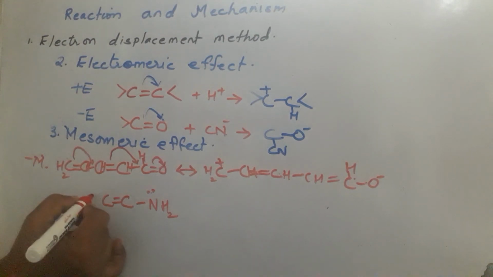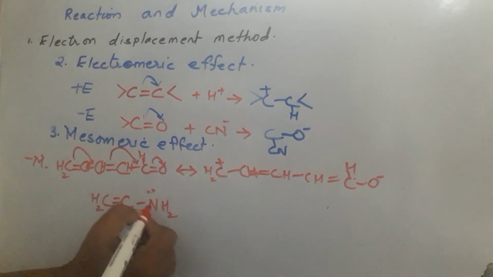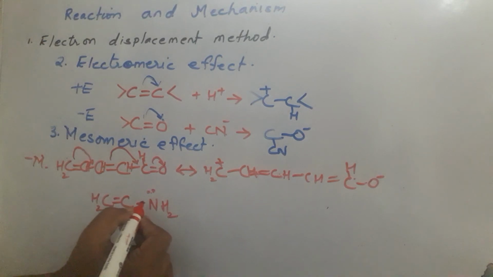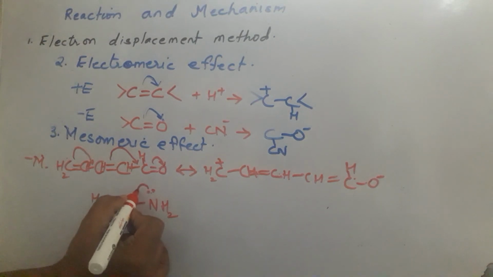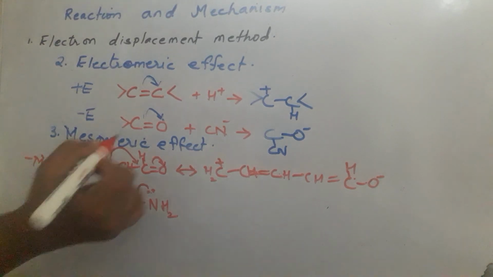In the second condition, there is a double bonded system in conjugation with a group having a lone pair of electrons. Now this lone pair of electrons starts forming a double bond here, and this pi electron will come onto the end carbon.